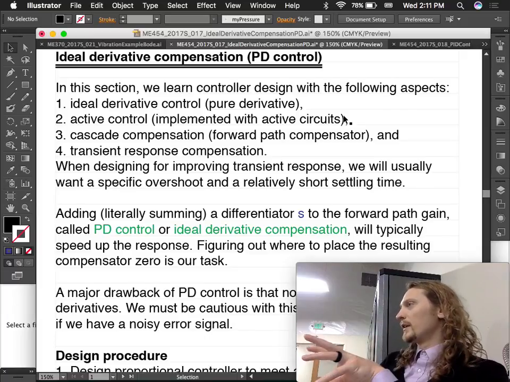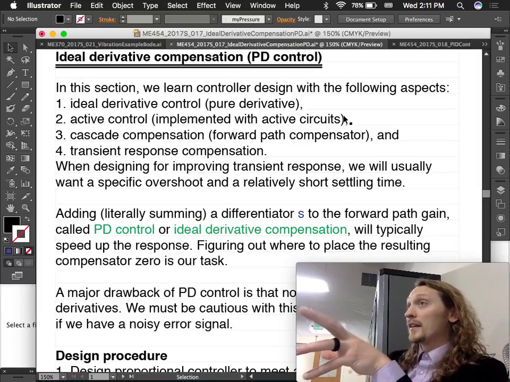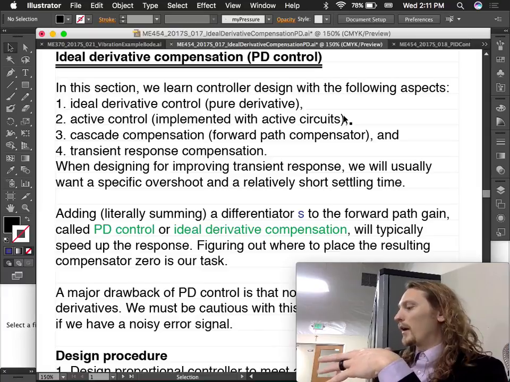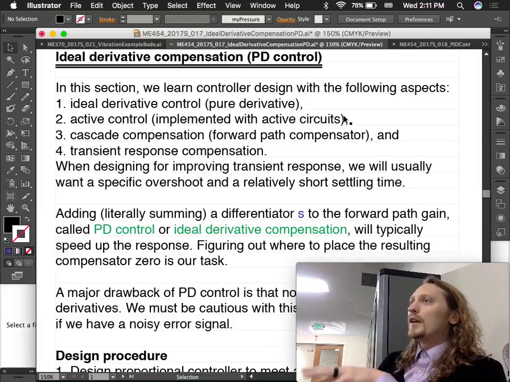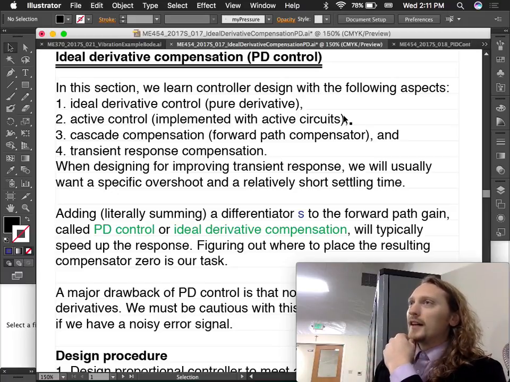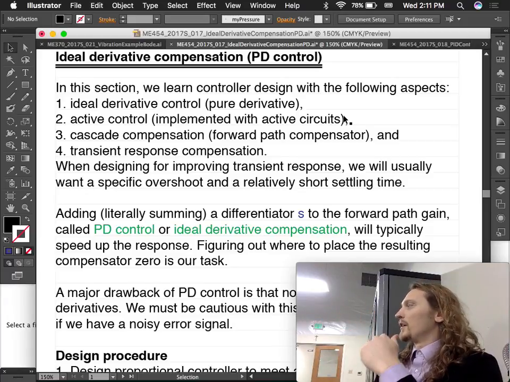So far, we only learned how to design for transient response by adjusting the gain, K. That's the only way we've learned how. But our goal with integral control was to avoid moving the root locus around. We wanted to leave it alone and just get the integrator in there.